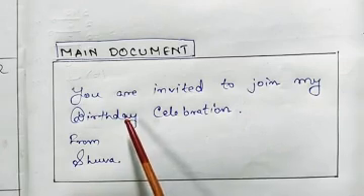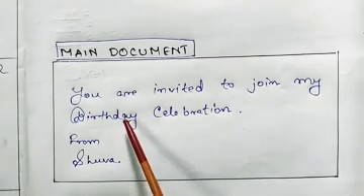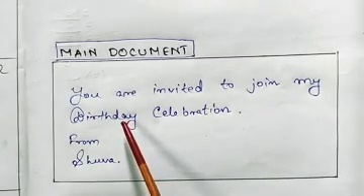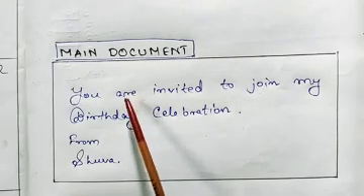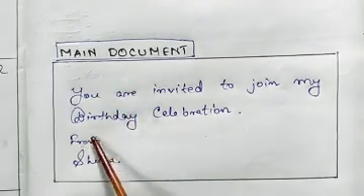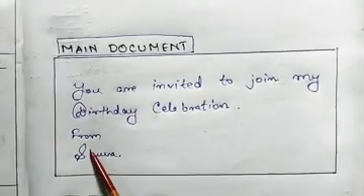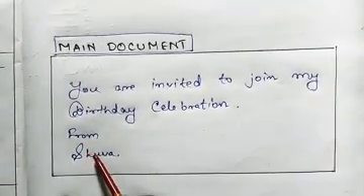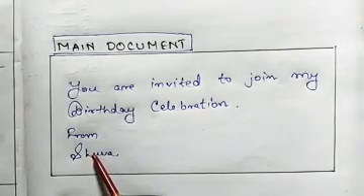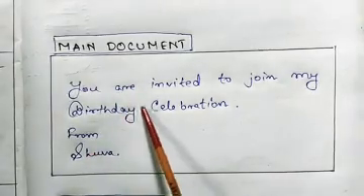That is the main thing it contains. So I have not given any receiver list or receiver name here. But my name I have given, because my name will be constant. Whoever receives it will get this name and this main text.